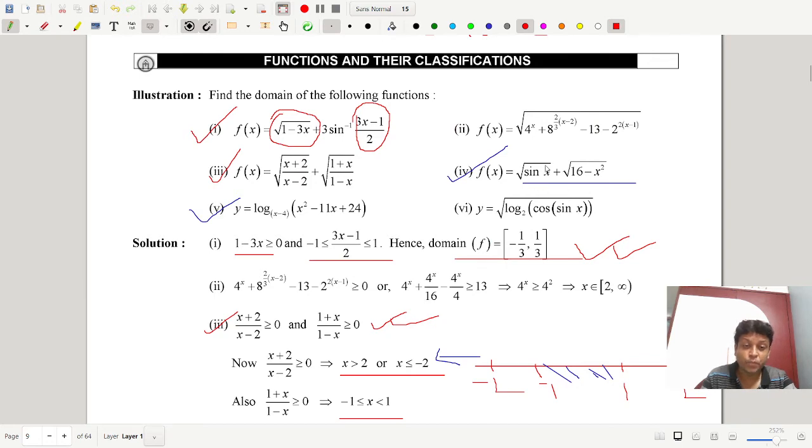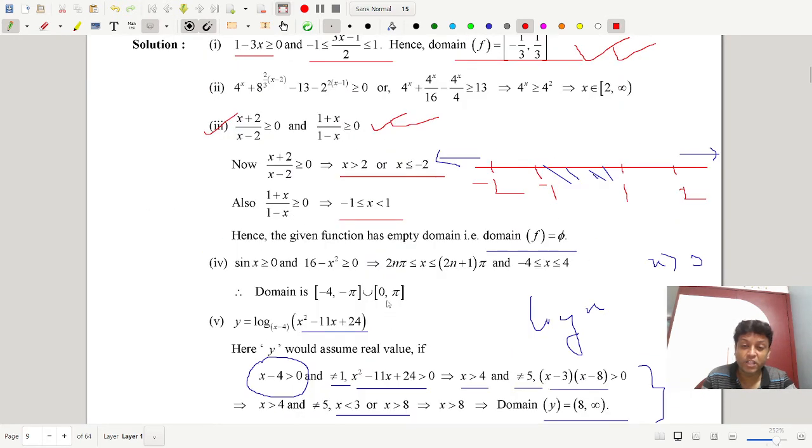Where sin x is positive, you see 2n pi less than or equal to x less than or equal to (2n plus 1) into pi, n is any integer. If you put n equal to 0, that will be 0 to pi. If you put n equal to 1, that will be 2 pi to 3 pi. Yes, it is correct. So sin x is positive in this range. Am I clear with this range?